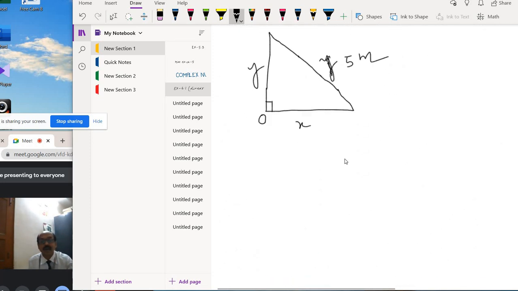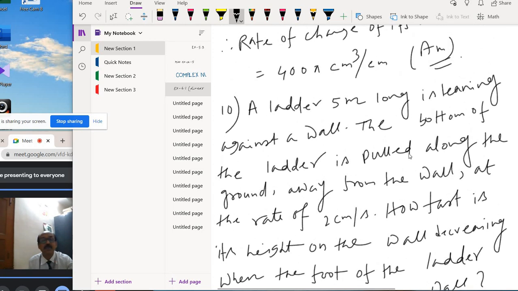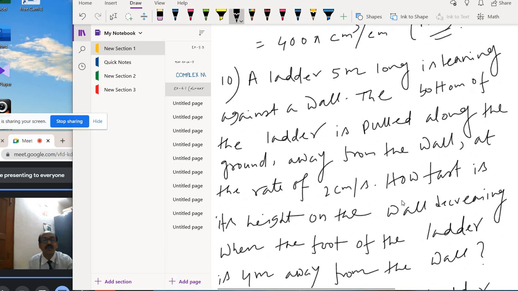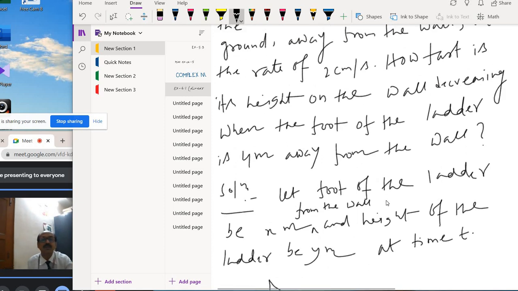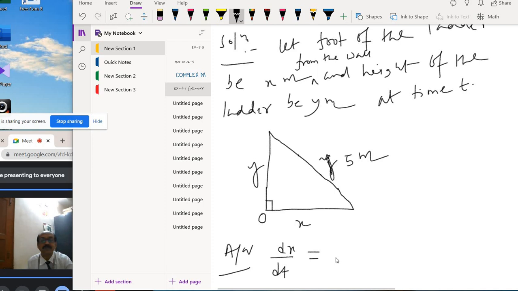Now the question: the bottom of the ladder is pulled along the ground away from the wall at the rate of 2 centimeter per second. So dx by dt is equal to 2 centimeter per second.